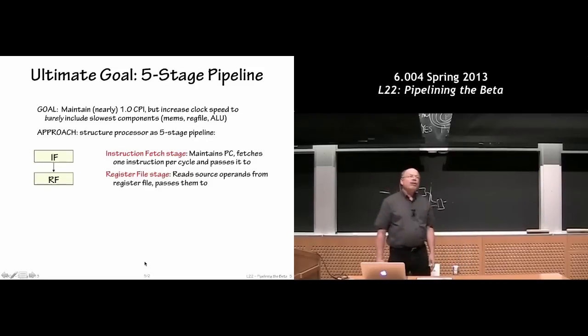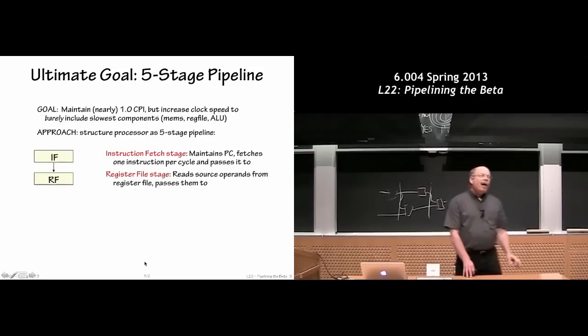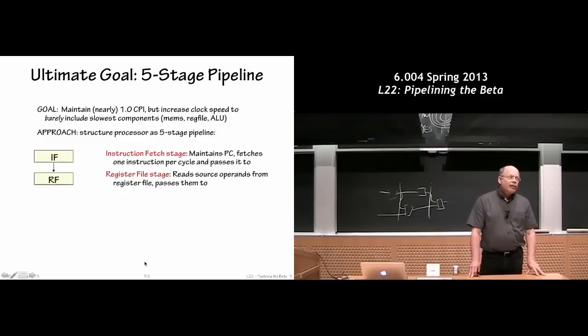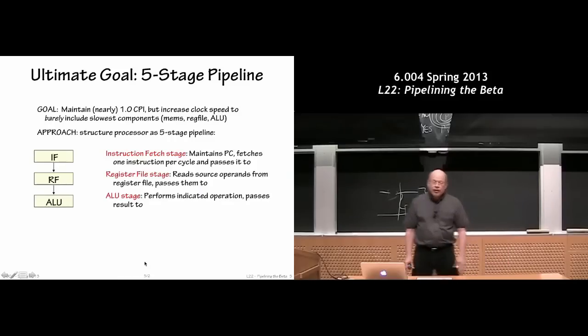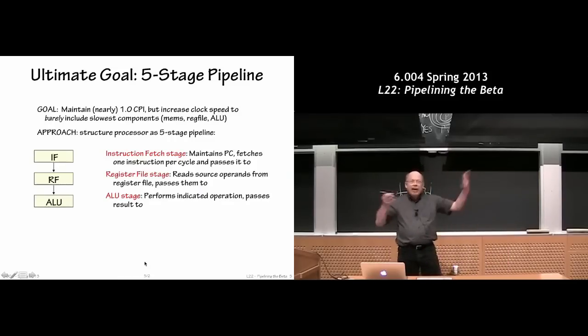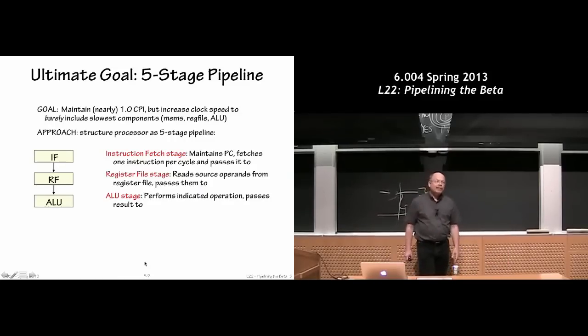The second thing we're going to do is decode that instruction, and for instructions that need operands from the register file, we're going to go fetch them from the register file. So step 2 is basically to get the necessary operands for step 3, which is to actually do whatever we're supposed to do with the 2 operands.